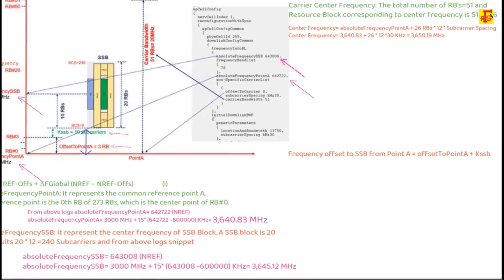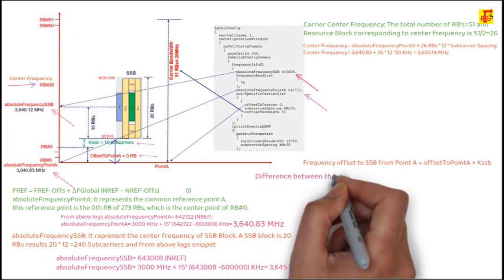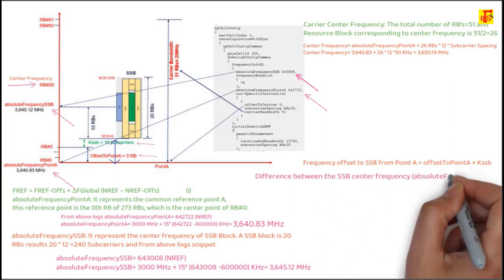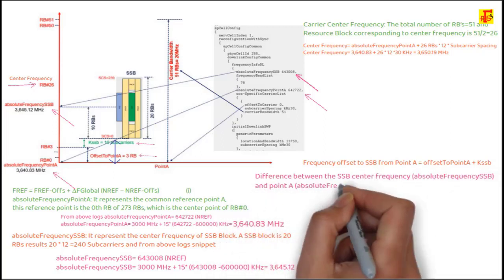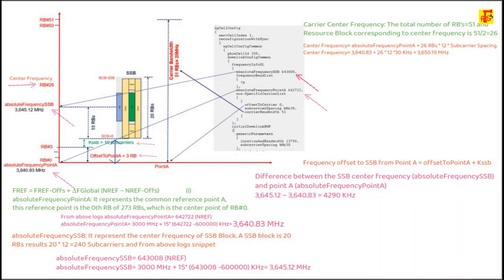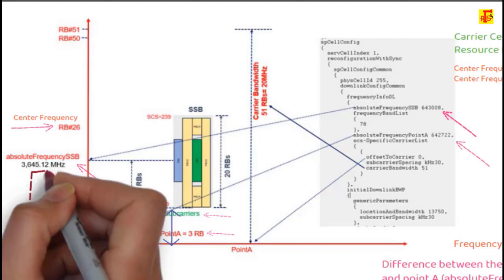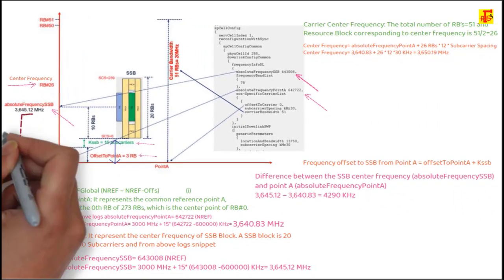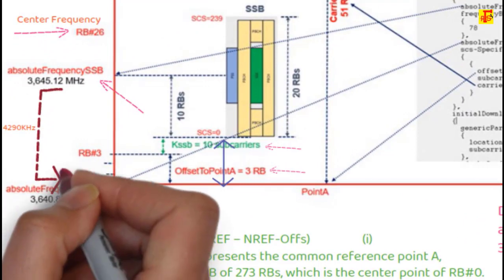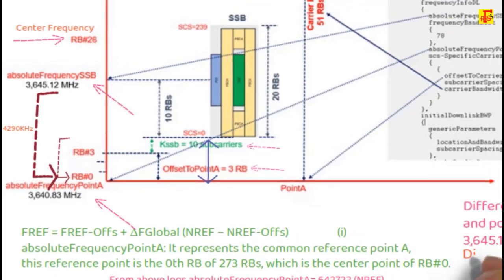So now we will try to calculate the Kssb. So the difference between the Ssb center frequency, that is absolute frequency Ssb, and point A. So what is absolute frequency point A? Here we calculate the difference between Ssb center frequency and point A, that is 3645.12 minus 3640.83, that means 4290 kilohertz, right? So the difference between point A and 0 subcarrier RB0 of Ssb, right?